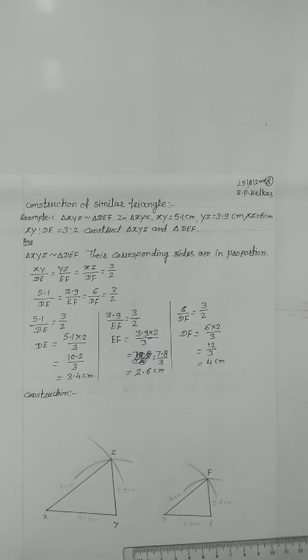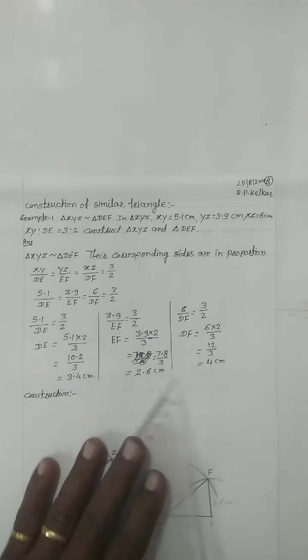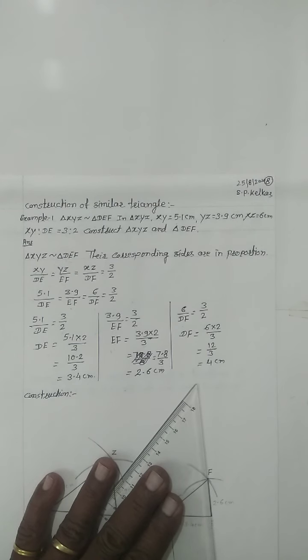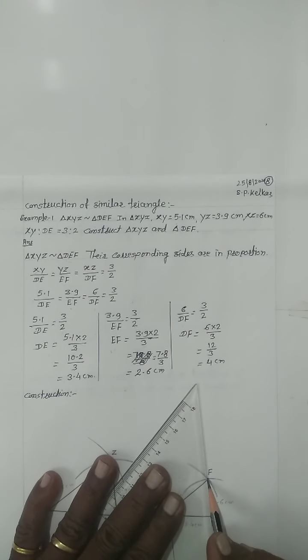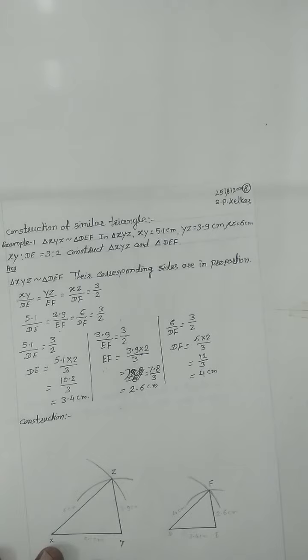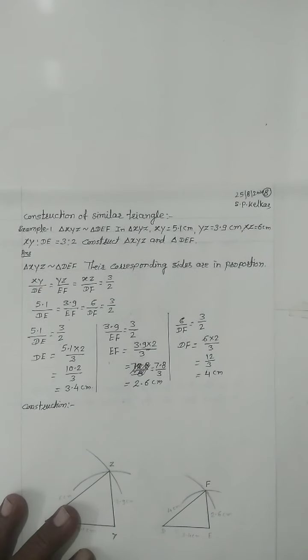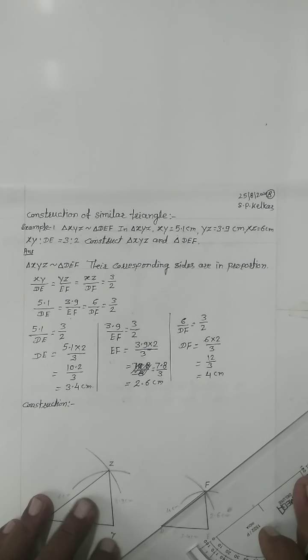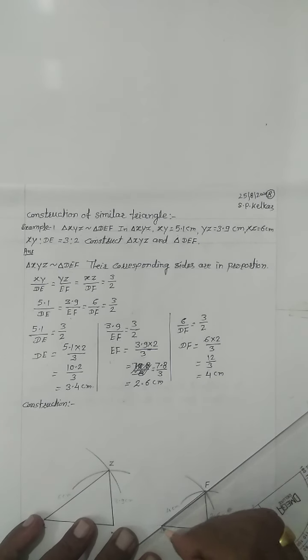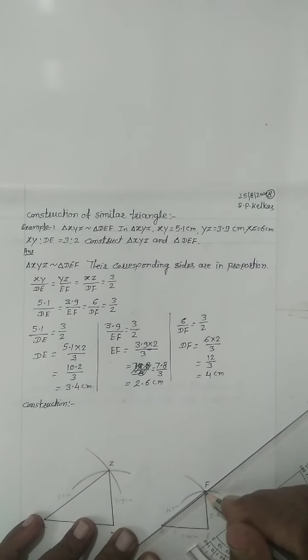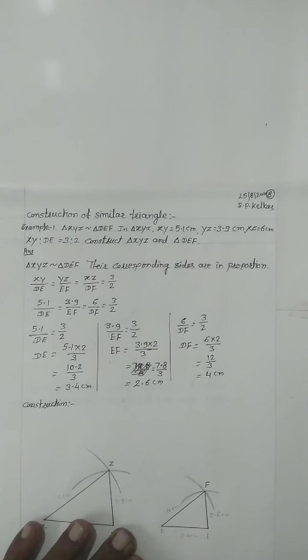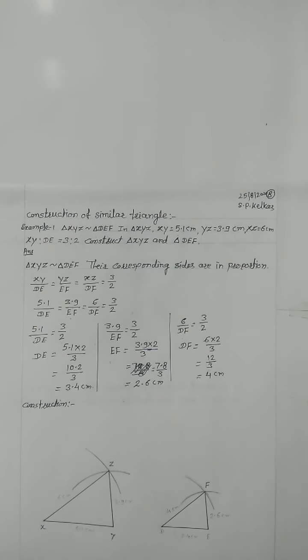That point is F. Join this F with E. We get second side of the triangle. Then join the F with D. Third side of the triangle DEF. In this way we construct the triangle.